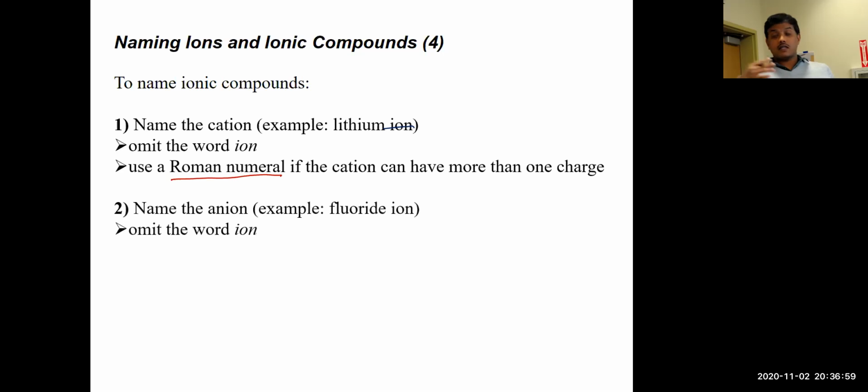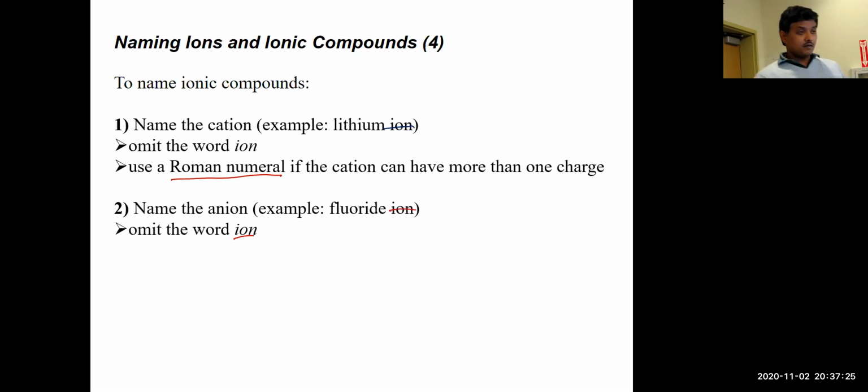And for the non-metal part, the anion, you would name the anion as you would normally if it is alone. Let's say fluorine has a -1 charge, you would name it fluoride ion. But whenever you name it in an ionic compound in combination with a cation, you again exclude ion.